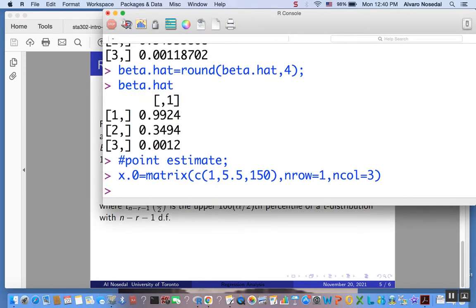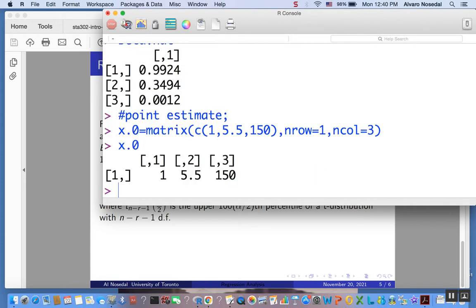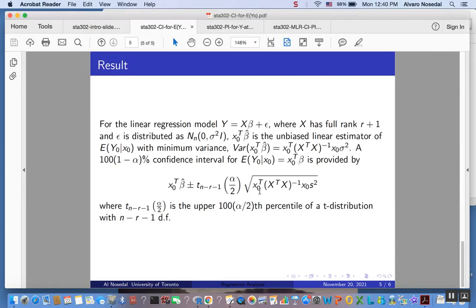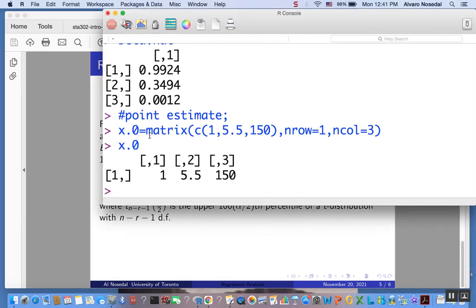Okay, so if you take a look at x0, it's a row vector, right? Dimensions 1 by 3. What I mean by this is that what we created here is x0.